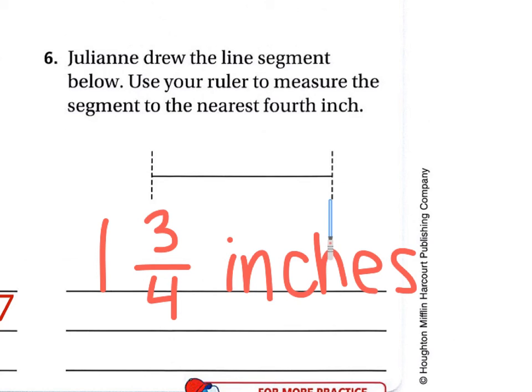This line right here is between 1 and 2. So I know I have 1 full inch, and then I'm going to have a fraction. So if I box in that whole inch between 1 and 2 and I cut it into 4 pieces, you'll notice that this line is closest to 3/4 inches. So there is our answer.